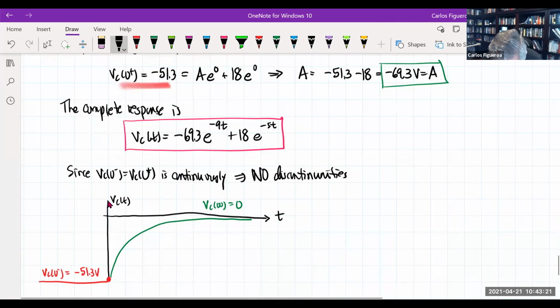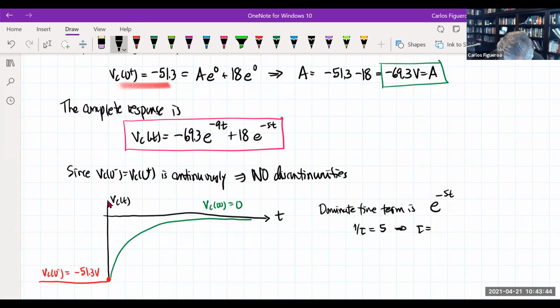So the dominant time term is e to the minus 5t. So if I'm looking at tau, 1 over tau is really 5. So that tells us that tau is going to be 0.2 seconds.